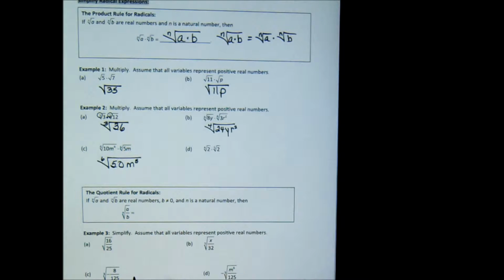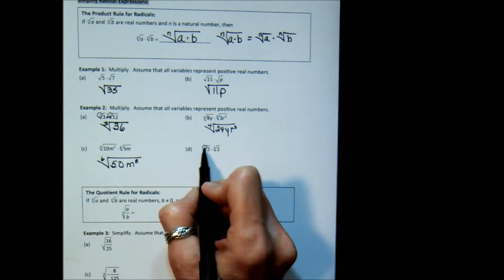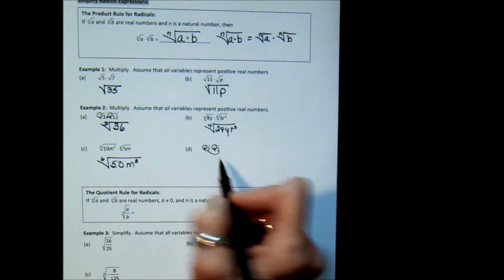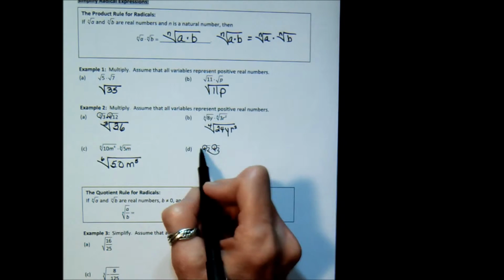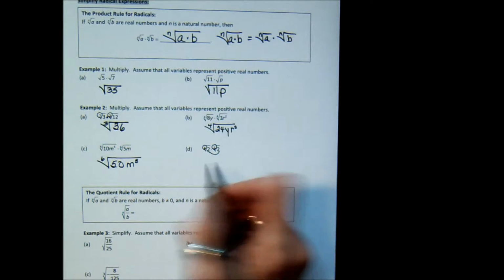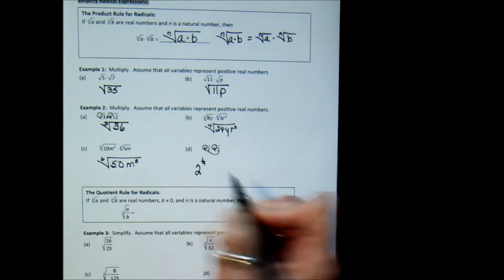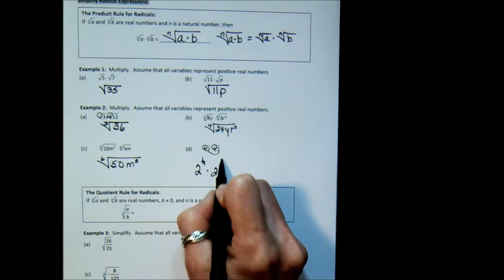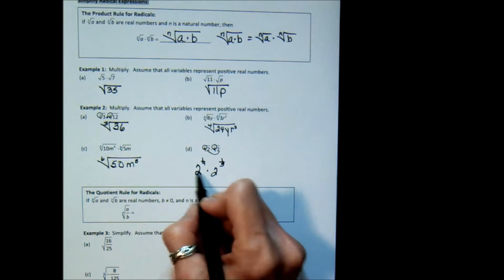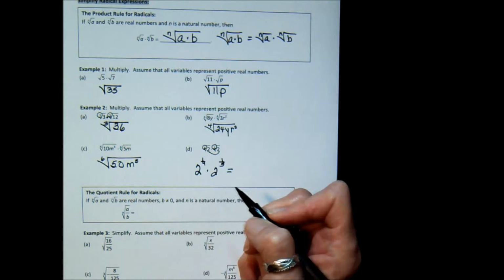Now, using the product rule, I cannot do d because the indices do not match. Even though the radicands match, doesn't matter. Because those are not the same index, I can't do it. Now, I could do this, converting these to exponentials because the bases are the same. But that's not using the product rule for radicals. That's now using the product rule for exponentials, and I'd have to find a common denominator.